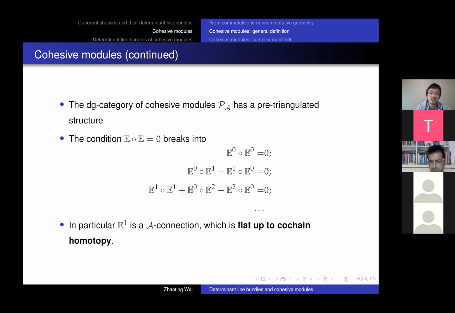We see that E0 is the differential of the cochain complex, so E2 is the homotopy operator. So we can say that E1 composed E1 equals negative E0 composed E2 minus E2 composed E0. So this E1 is flat up to cochain homotopy. Let me see if we have a picture to illustrate it. Maybe later. There's a picture illustration of it, and we can see it more clearly.